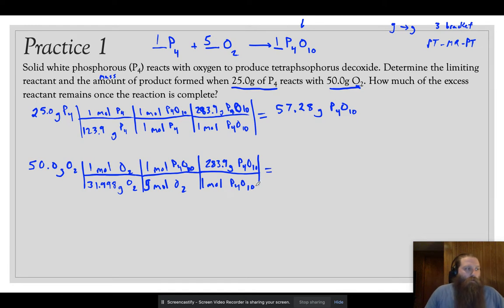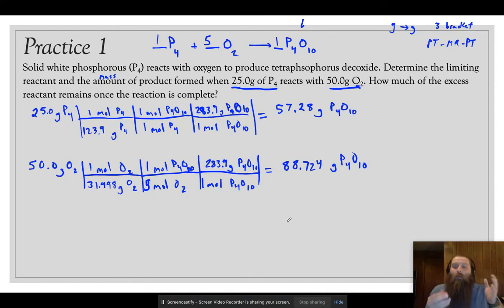All right, we run our number. 50 divided by 31.998, divided by 5, times 283.9. That gives me 88.724 grams of P4O10.